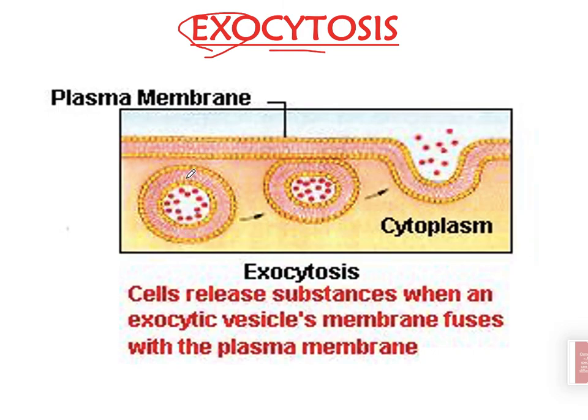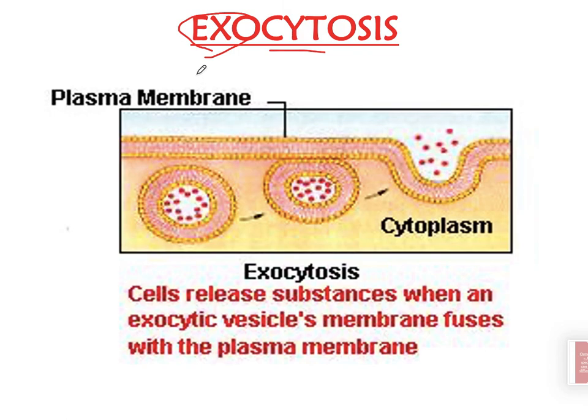How does it happen? A simple vacuole is going to bring the molecule or solute or particle which needs to go out. They will come near to the plasma membrane, and then these two membranes are going to fuse. The moment it is fusing, it can release the particle outside, right? This is the cytoplasm, this is the exterior.